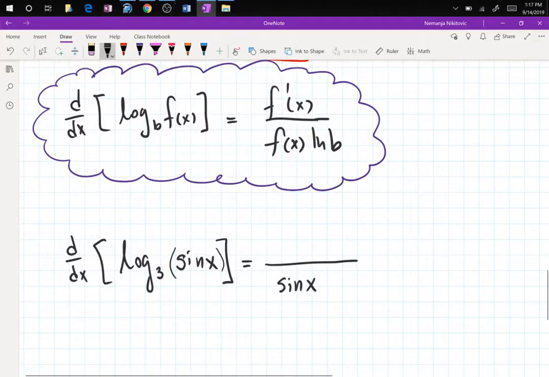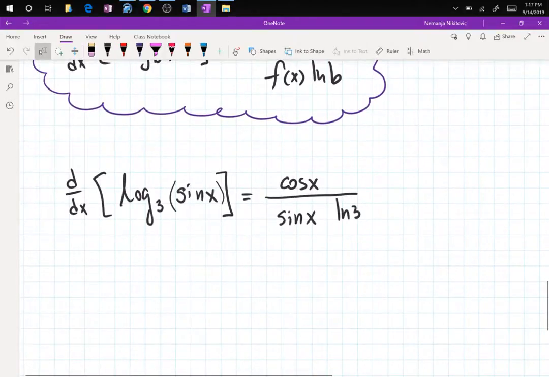It's always Control C, Control V for that part. And the derivative of sine is cosine, which goes up there because it's f prime on top. Then you still have the ln 3 on the bottom because the base is not e, it's base 3, and if you change the base, you have to have this ln floating around. Now cosine over sine is cotangent, so this is cotangent x divided by ln 3 when you simplify it.